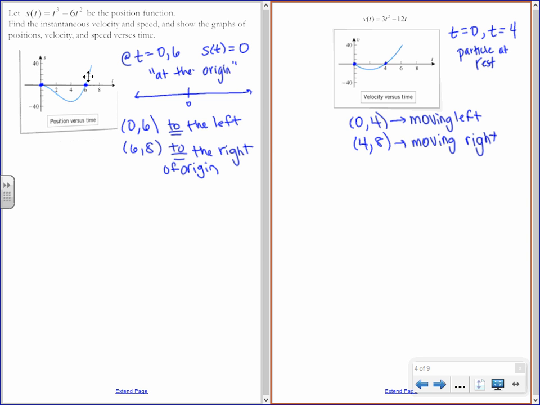What I love about our motion unit is that we encompass darn near everything we've learned in calculus and we put it together. It's been a while since we've read derivative graphs, but it's important for us to go back and remember those things. If velocity is the derivative of position, then we can look at a position graph and know what's happening in velocity, based on the slopes.